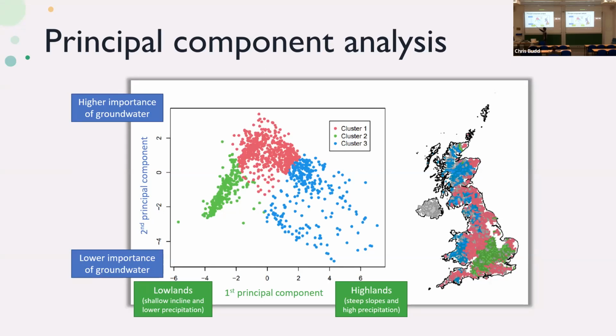So catchments with low values of the second principal component will have a lower importance of the groundwater and higher importance of the overland flow, while catchments with high values will have a dominating effect of the groundwater flow.